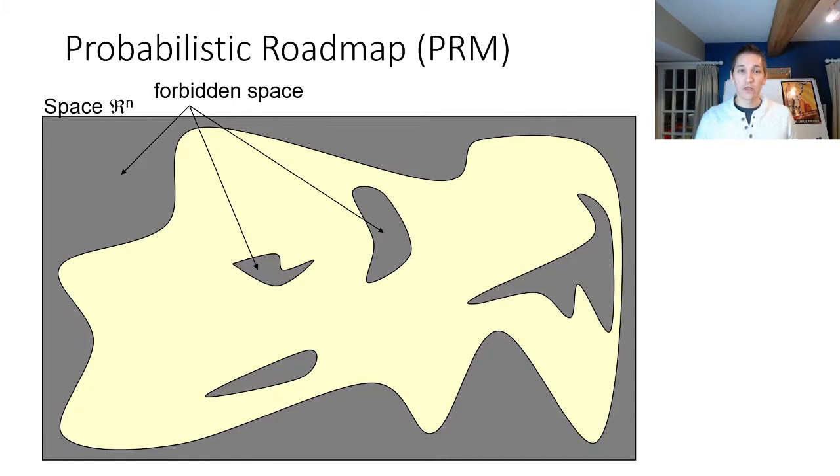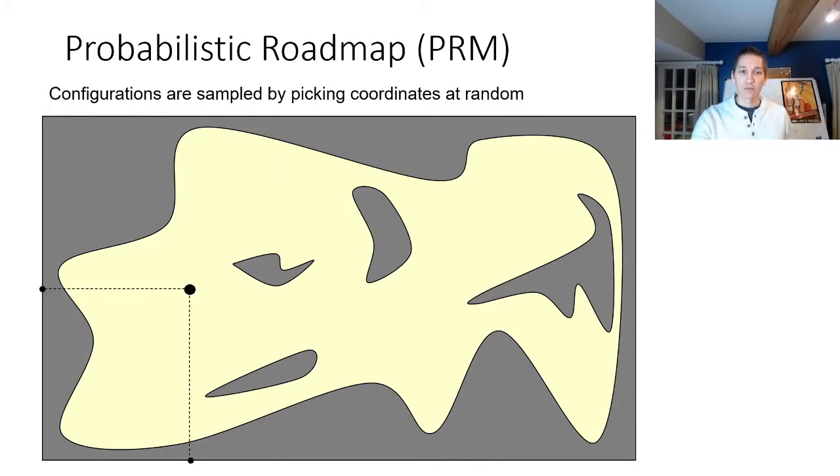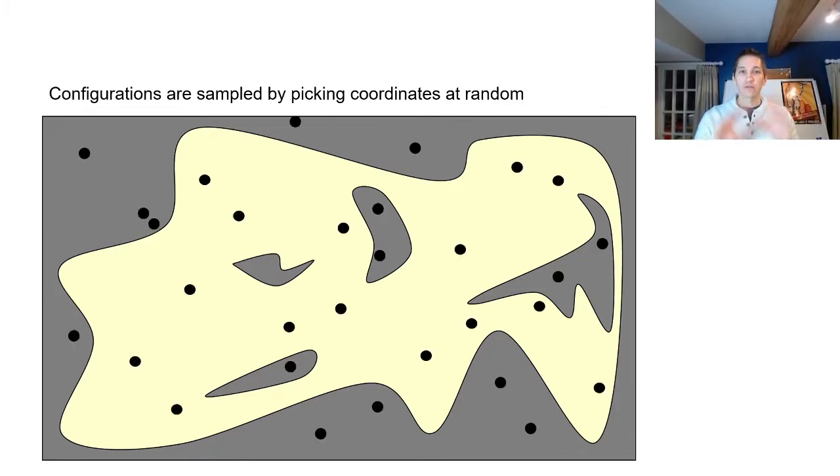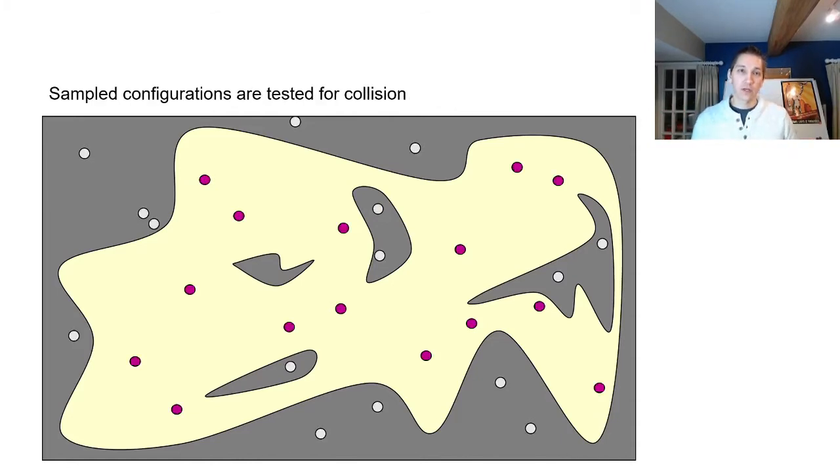What we're going to do is start to sample in the space by picking coordinates at random. We do this a ton of times, thousands, tens of thousands of times. Then we can check for collision at each of these points, and each of these collision queries is quite fast.